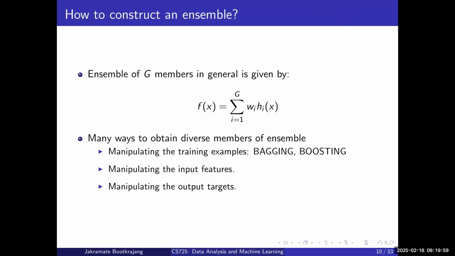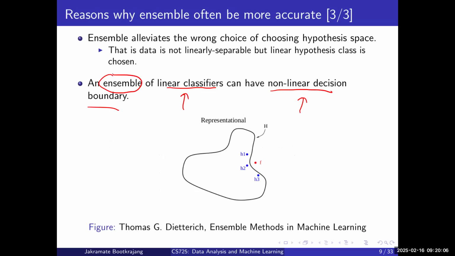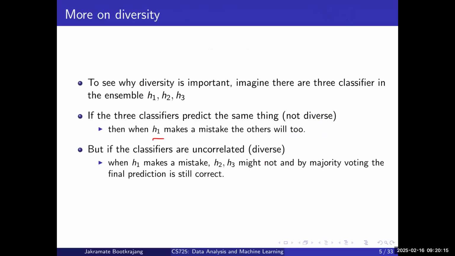So how do we make an ensemble? The easy part is, we have learned a lot of linear classifiers, so we can use them. The hard part is how to make them diverse. Because if we train a linear classifier multiple rounds with the same data, most likely you get the same classifier.